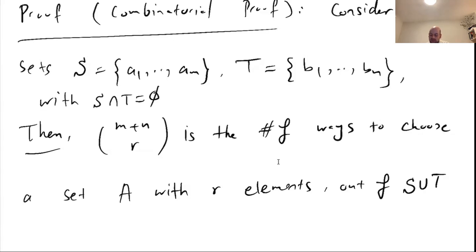Because S has m elements and T has n elements, so S union T will have m plus n elements as long as S and T are disjoint sets, right? So with this assumption, if I want to choose a set with r elements from S union T, there are m plus n choose r ways that I can do this.